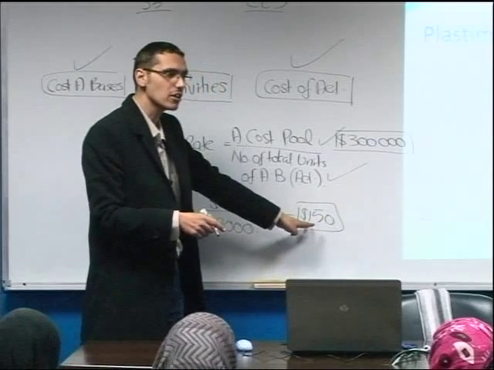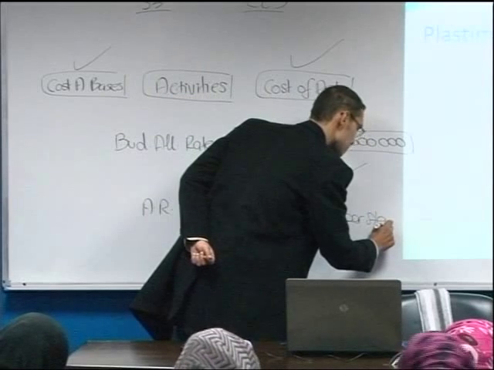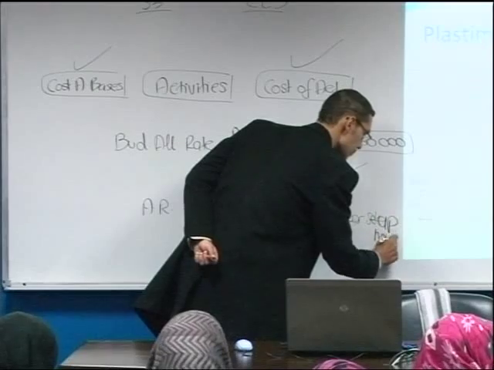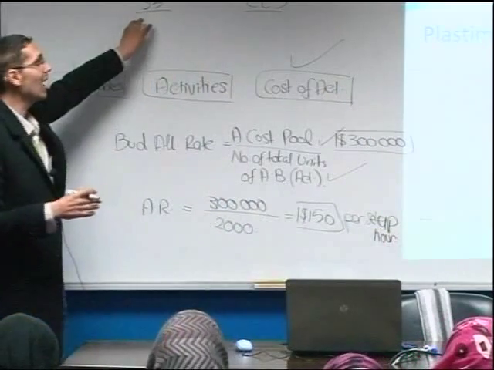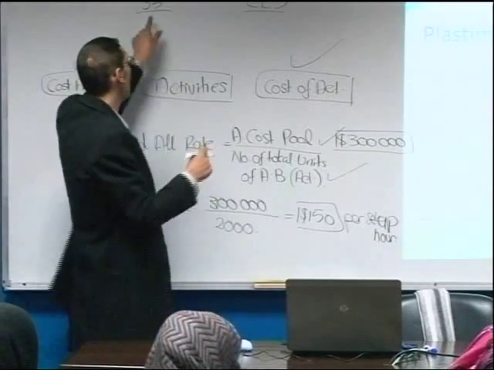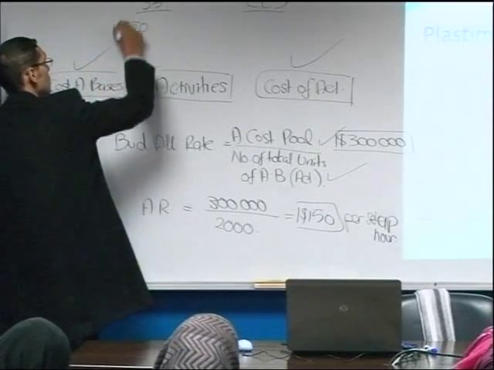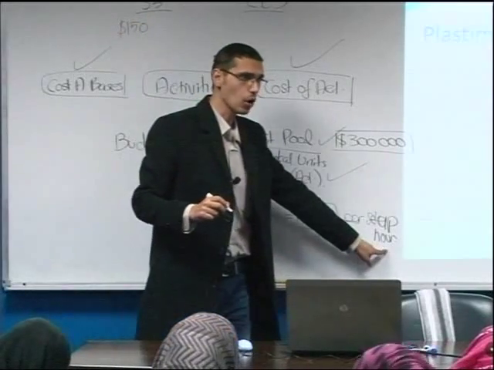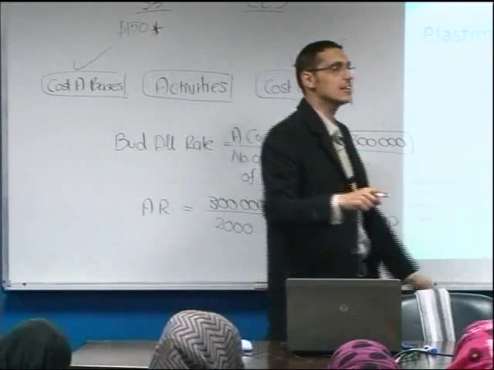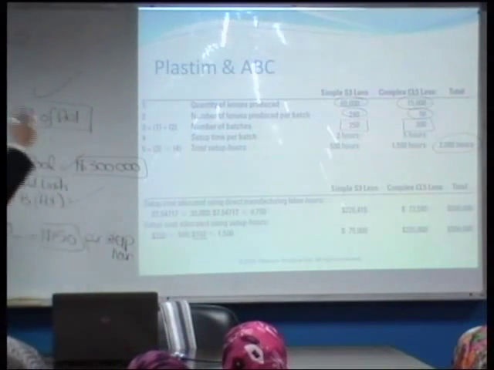Therefore, the $150 is exactly per setup hour. If we need to determine how much cost would be allocated to the S3, we would multiply the $150 per setup hour by the total number of setup hours that is needed in order to produce the 60,000 units of the S3, which is 500.